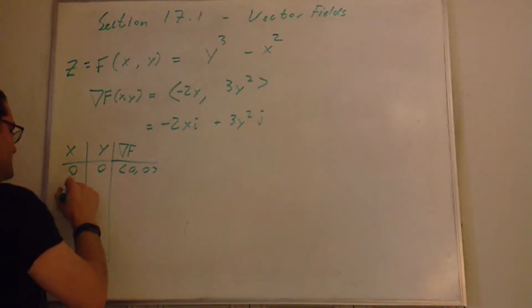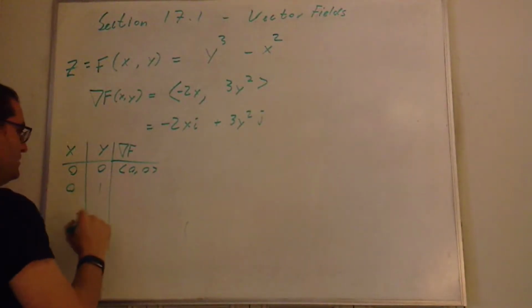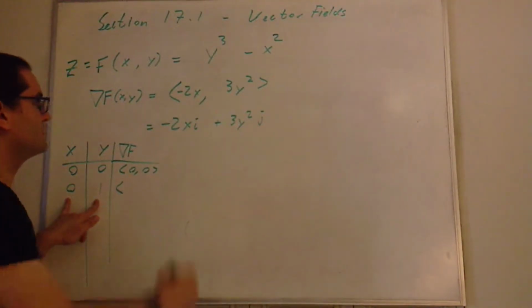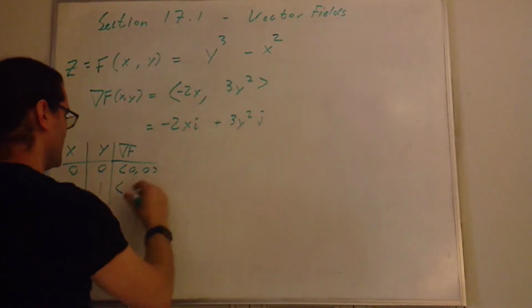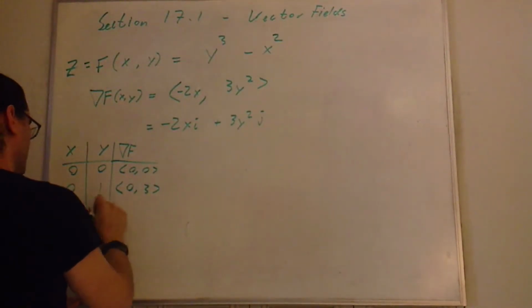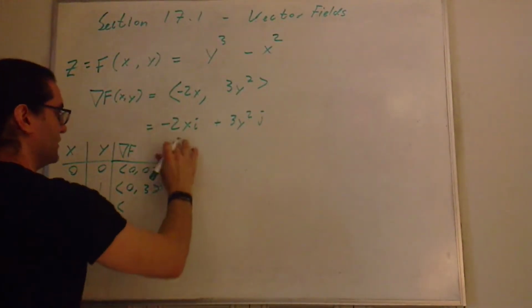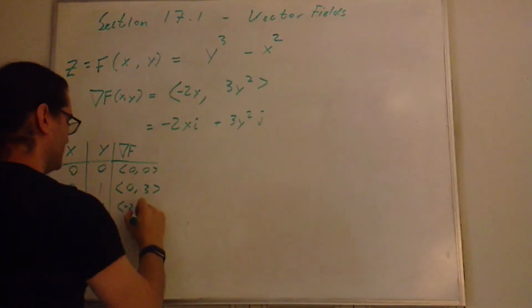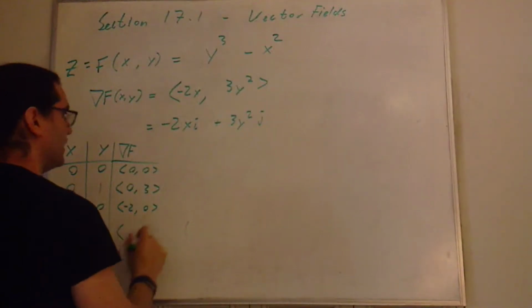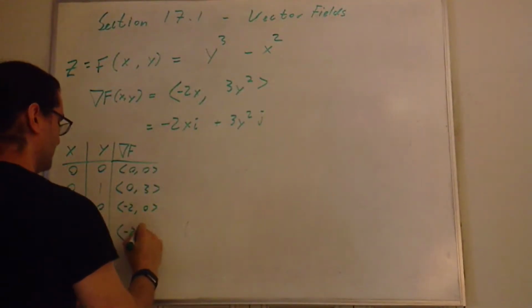If I plug in something like 0, 1, I should get 3j. If I plug in something like 1, 0, I will get negative 2 i. If I plug in 1, 1, I'll get negative 2, 3.